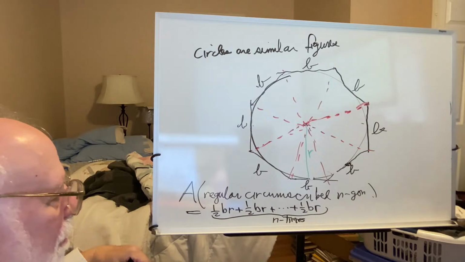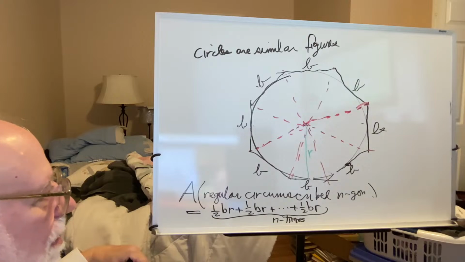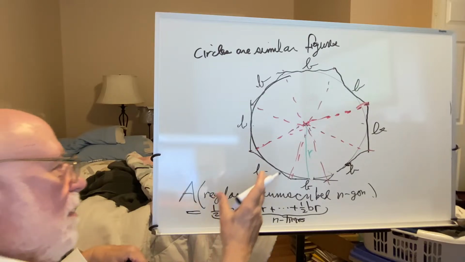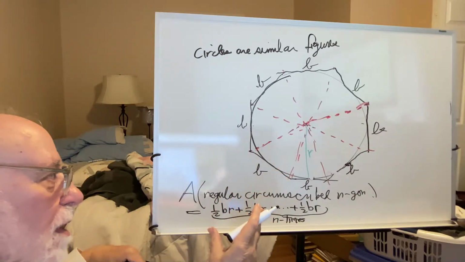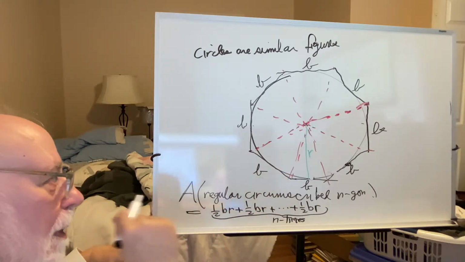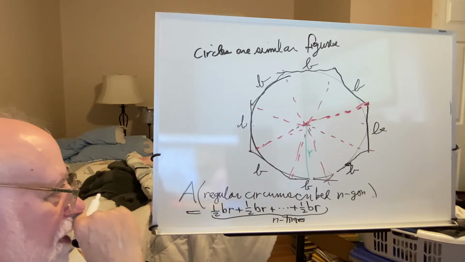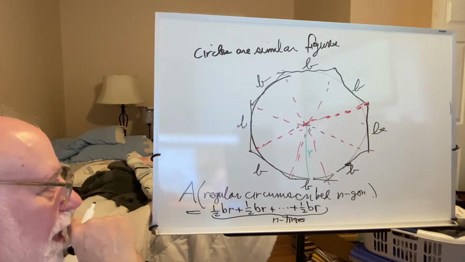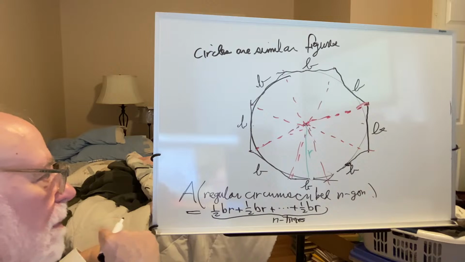Now, as we take more and more sides of these, if we can circumscribe like a 100-gon, a 10,000-gon, what happens is that we actually do get closer to the area, which I don't have to prove, but I'm just going to assume.